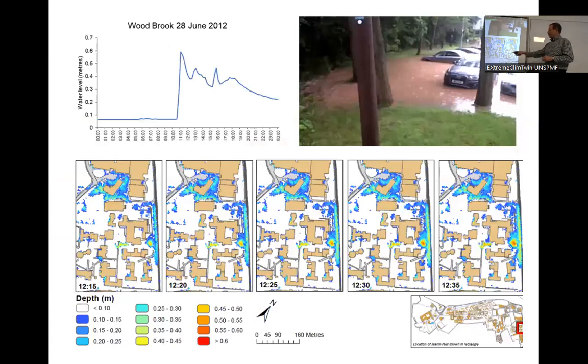And we understand the conditions under which these floods occur. Essentially, if we have about 25 millimeters of rainfall in a short period, that's enough to cause the local rivers to flood. We've got models that can help us to simulate the development of the flooding on campus, just to understand which buildings and facilities are most at risk on campus.